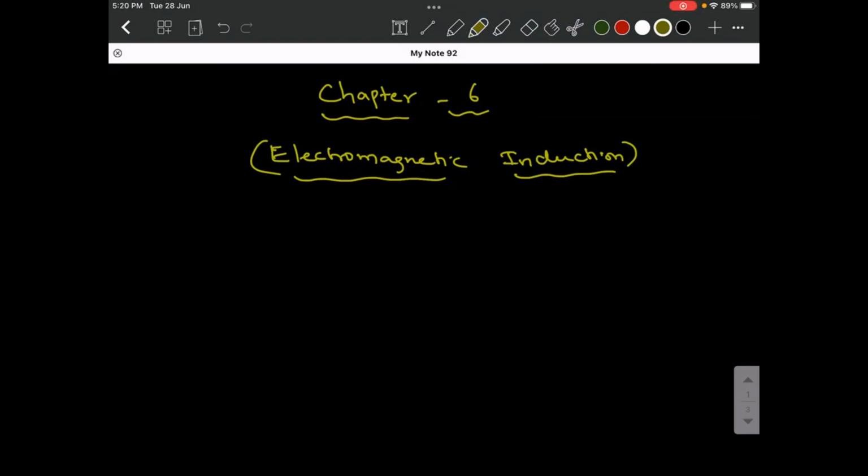Then came the next concept. We understood from the first chapter that if the charges are at rest, we have an electric field around them. Is it necessary for you to have an electric field that the charges need to be at rest always? Think about this question.